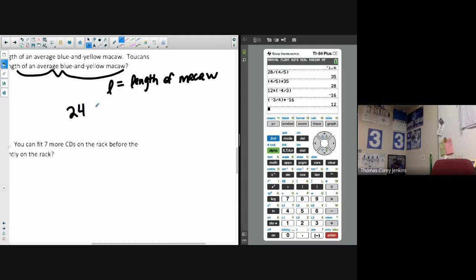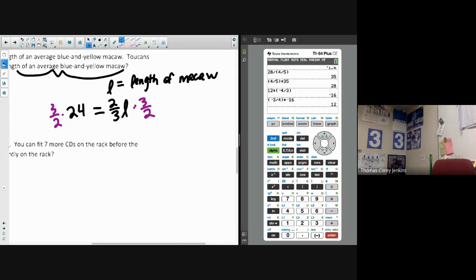And it says that is about 2/3 the length of the macaw, or 2/3 of L, and then we just want to solve that, right? So I am dividing by 2/3 on both sides, also known as multiplying by 3/2 on both sides. So 24 times 3/2 is 36.